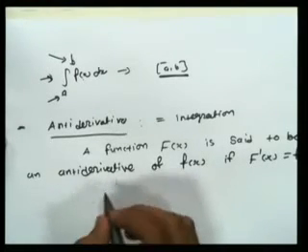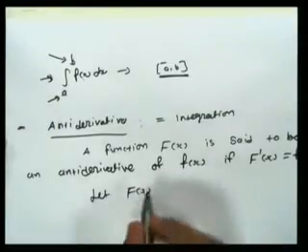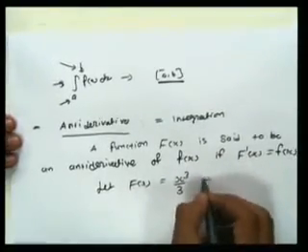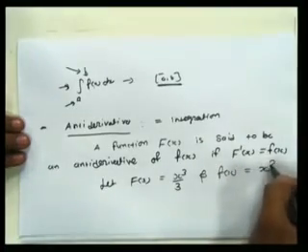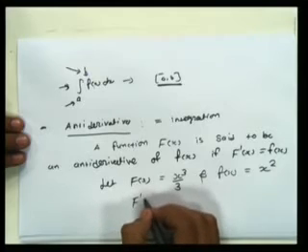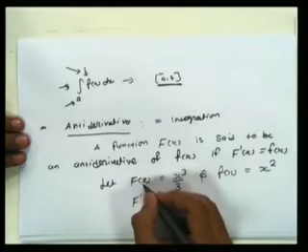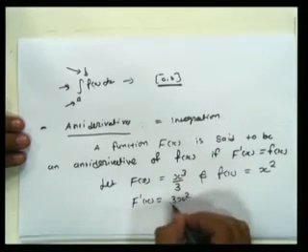So if I let capital F of x equal x cube by 3 and small f of x equal x square, then see that capital F dash of x, the differentiation of this function capital F of x with respect to x, is 3x square by 3.